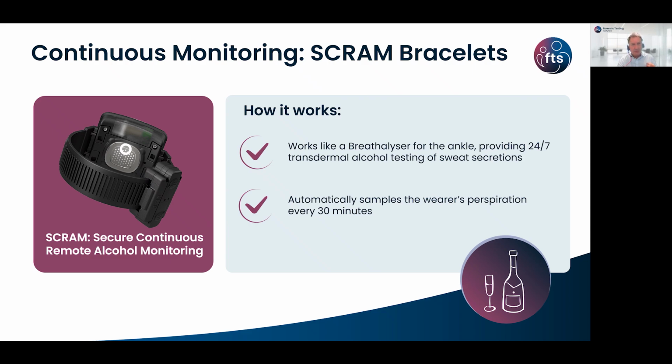If you have someone that frequently goes out and binges alcohol, then they work really well for that. So if you've got somebody that's going out every weekend, a couple of times a week, and having a lot to drink, then a SCRAM bracelet will tell you that immediately. So in that instance, they work great. But again, just bear in mind what it is that you're trying to establish and whether a SCRAM bracelet is the best option to give you that information.